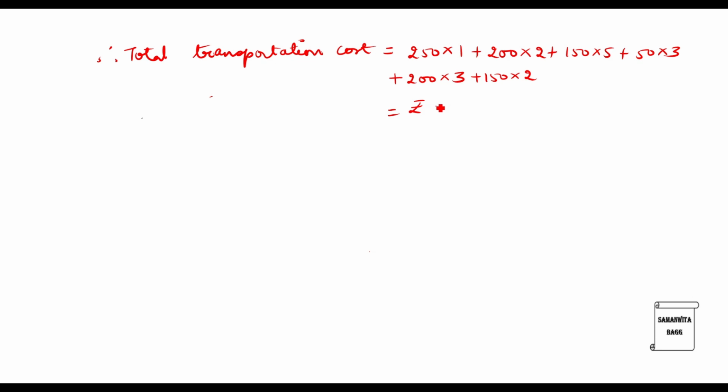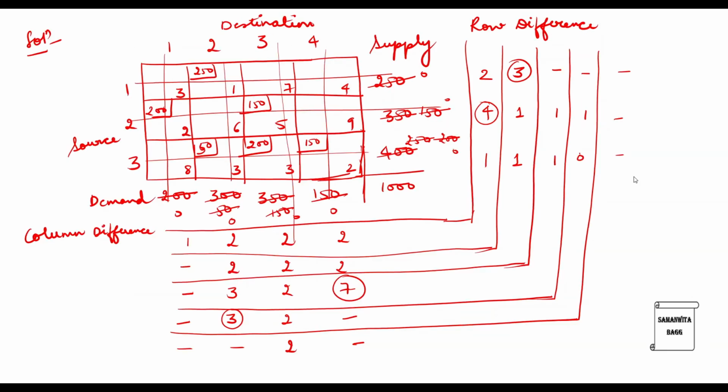So this value turns out to be 2450. This is the initial basic feasible solution. So that's how you get the answer using VAM method.